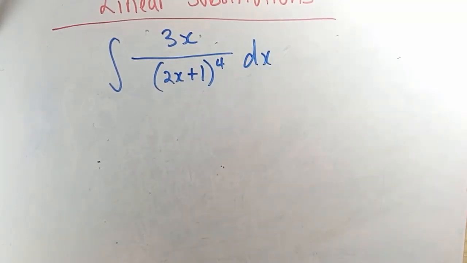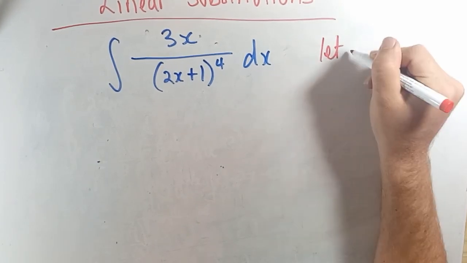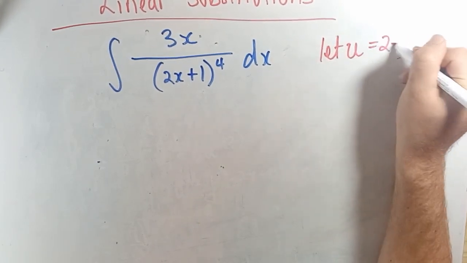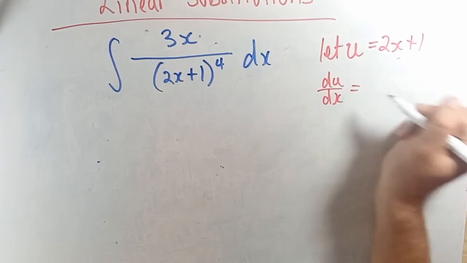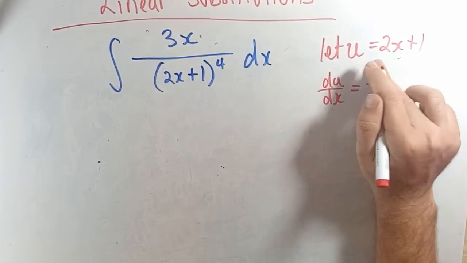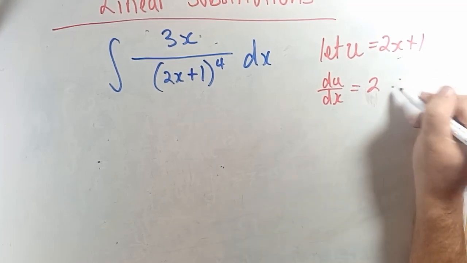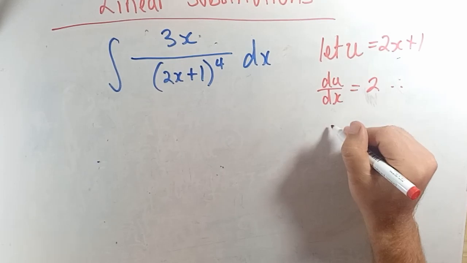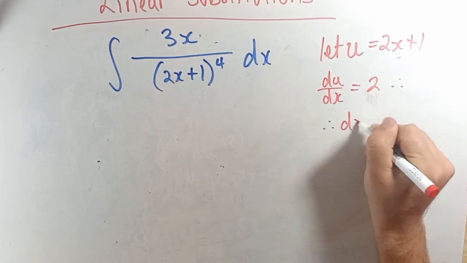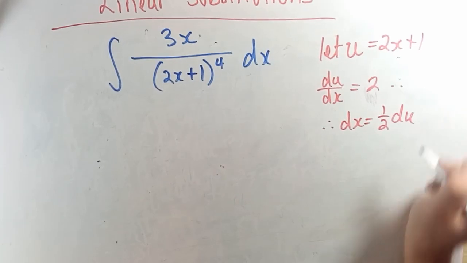What linear substitution are we going to make this time? Let u equal 2x plus 1. Du dx, skipping a step, is 2. Therefore dx equals 1/2 of du.